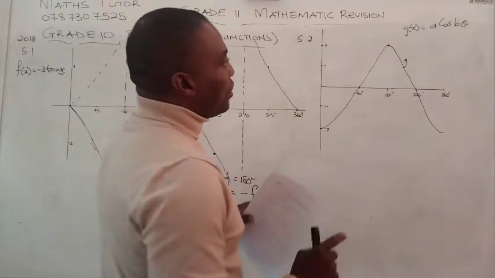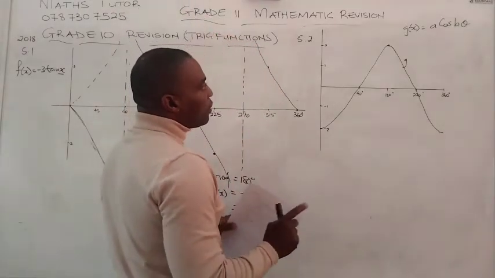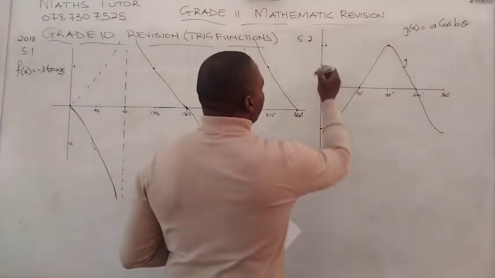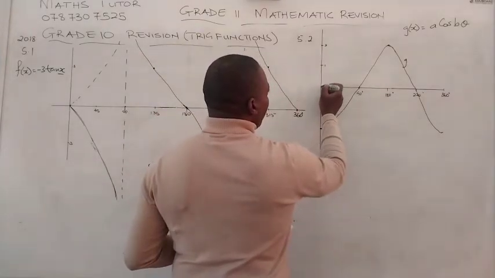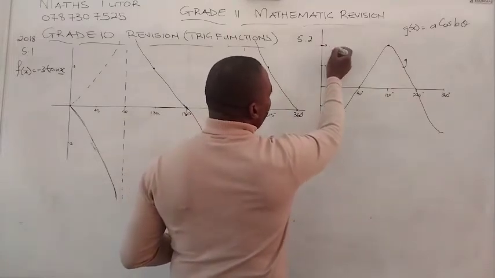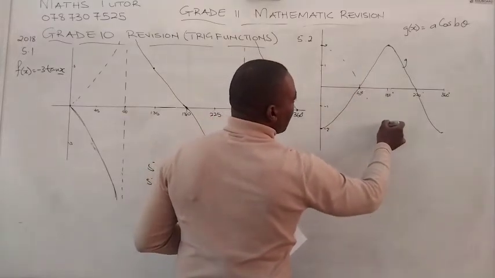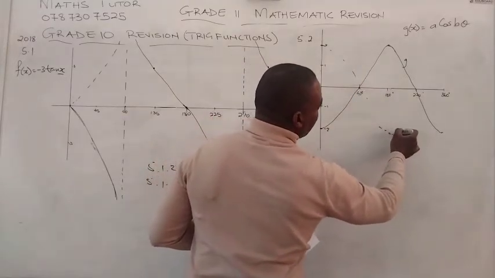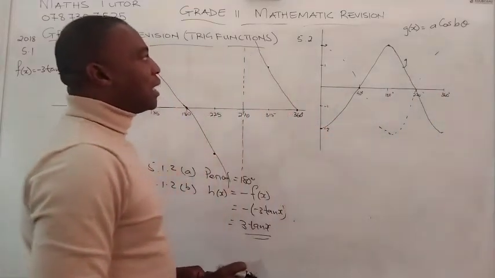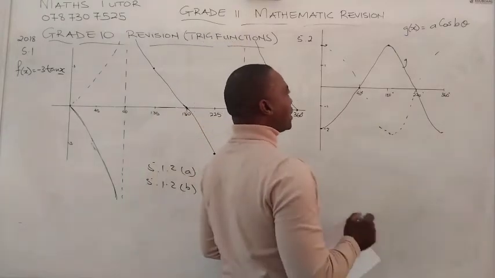So, if we check our graph, we know the graph of cos, that when theta is 0, it should be there, and then it comes down, and then it reaches a turning point, it goes up. That's basically how we understand if A is positive.